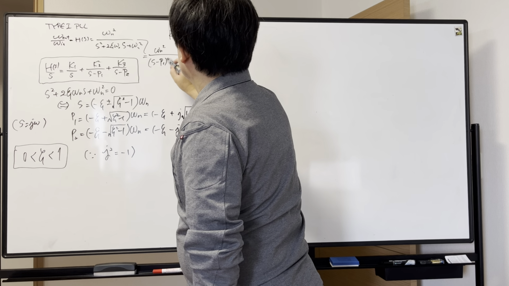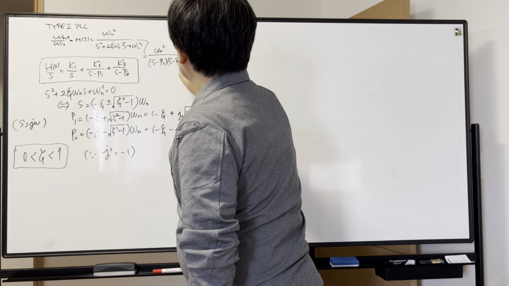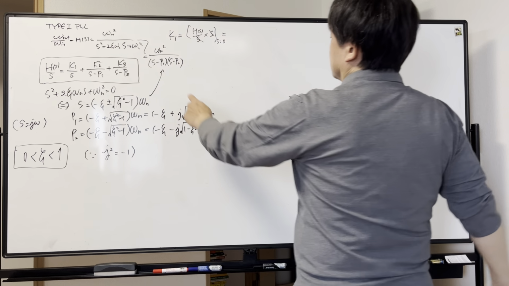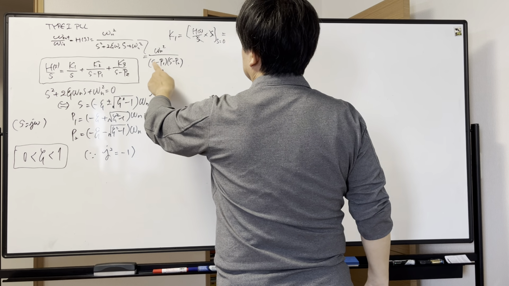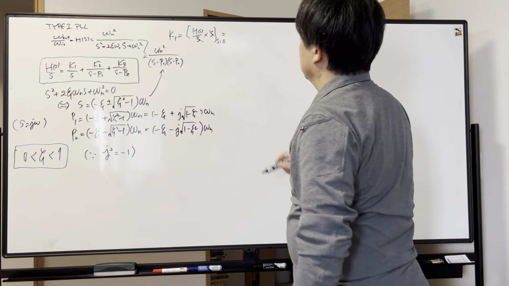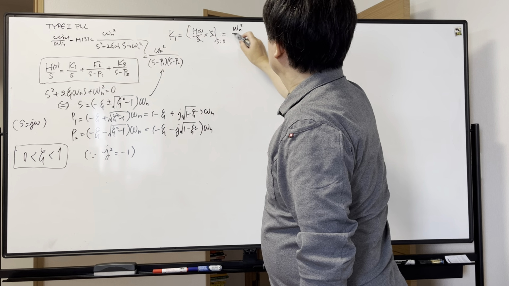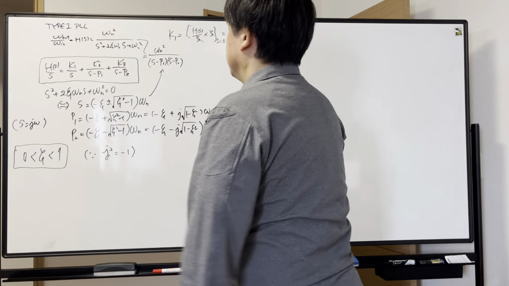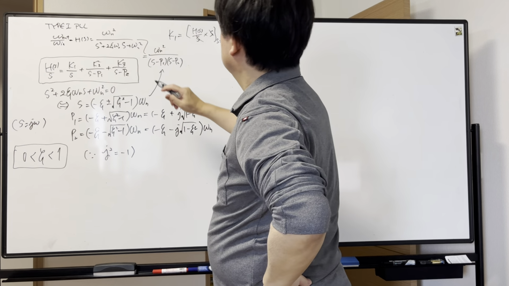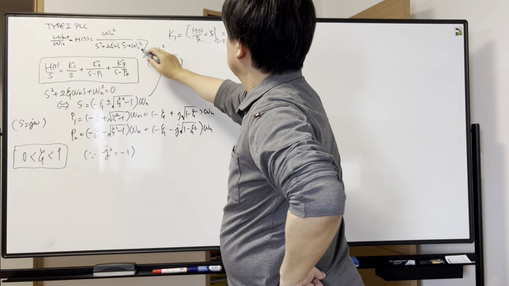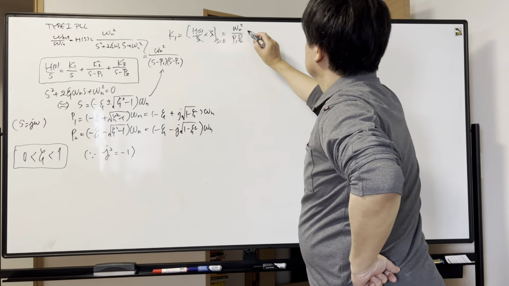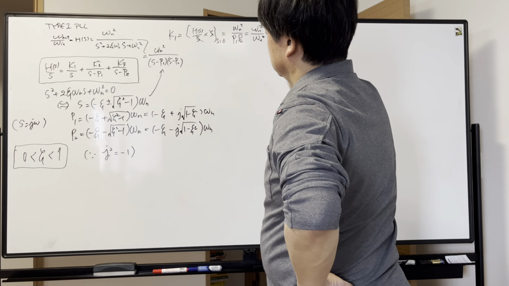I assume this is factorized like this. These remain: minus p1 minus p2, so this is omega n squared over p1 p2. We know p1 p2 equals omega n squared, so this is just 1. So k1 is 1.